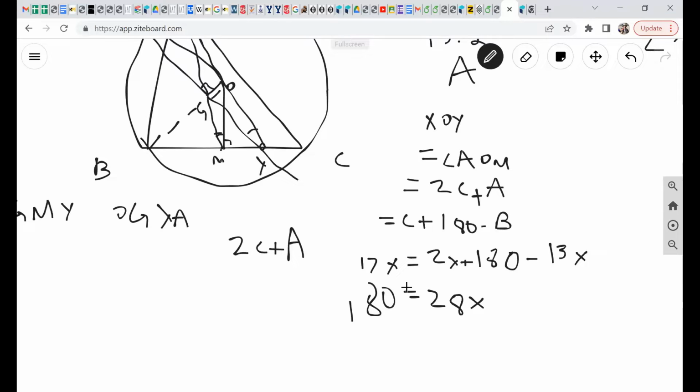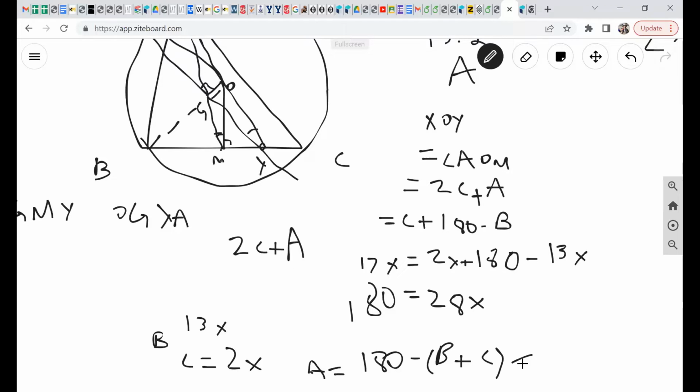So then we can just solve for x. And once we know x, then we know that B is 13x and C equals 2x. And so then we can find B plus C, and then we can find A equals 180 minus B plus C, which equals 585 over 7.